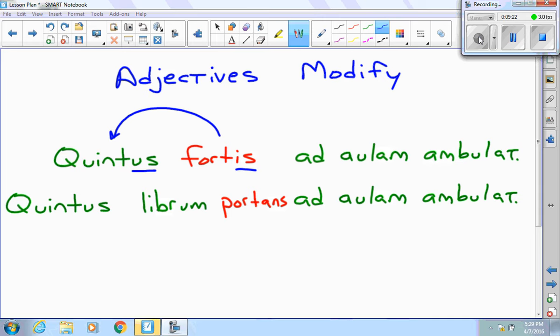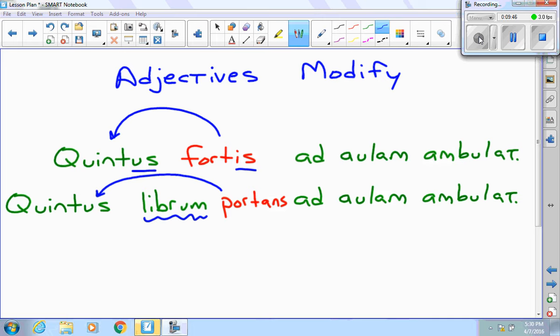I'm going to change the sentence a little bit. I'm going to give the participle a direct object, but it's still basically the same thing. Quintus librum portans ad aulam ambulat. Quintus, carrying the book, walks to the palace. Portans refers back to or modifies Quintus. Quintus is the one doing the carrying. He's the subject of portans, so to speak.